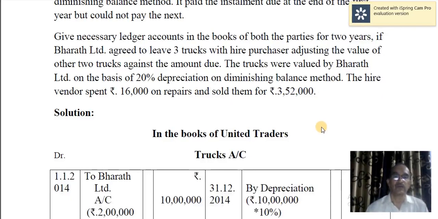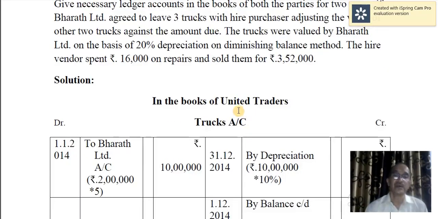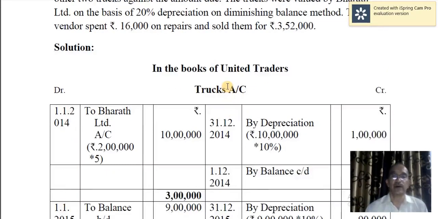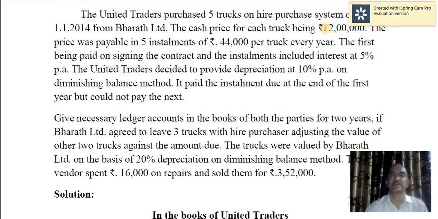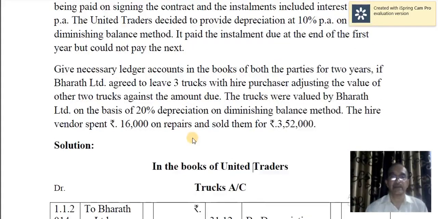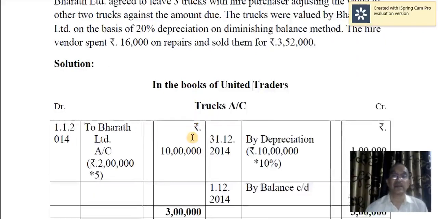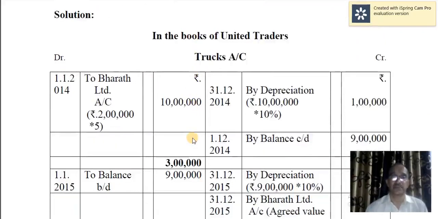Now we'll open the necessary ledger accounts in the books of United Traders, that is hire purchaser. The accounts you need to open are trucks account, then hire vendor's account, that is Bharat Limited, interest account and depreciation account.